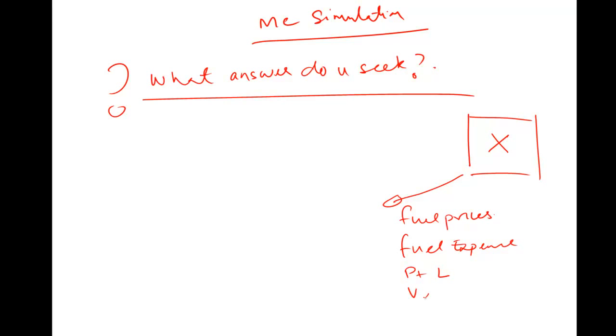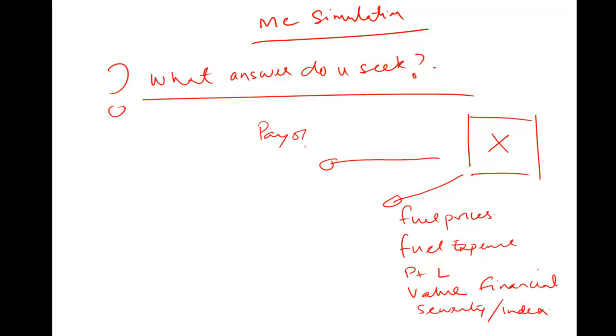It could represent the impact of both on P&L. It could represent the value of the same fuel inventory on your financial statements. It could represent the behavior of any financial security or an index, right? The process might change slightly, but the high level themes and the philosophy that we're going to use will remain the same. So now, what do we expect this financial variable to do?